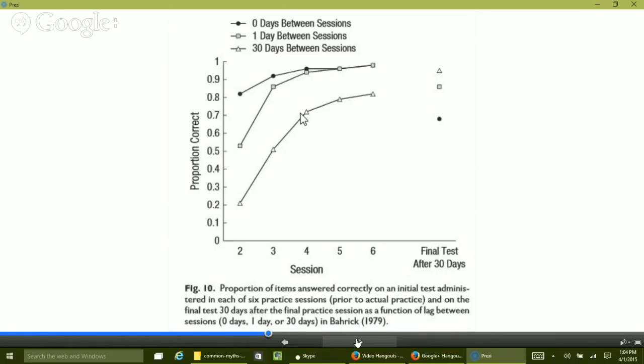So again, one of the arguments here and what the research seems to suggest is that you're most likely to remember things if you recall them with a bit more difficulty. If you just talked about something a day before, there's not a lot of effort placed in recalling. But if you go back and you have to remember things from a month before, it's a lot harder.